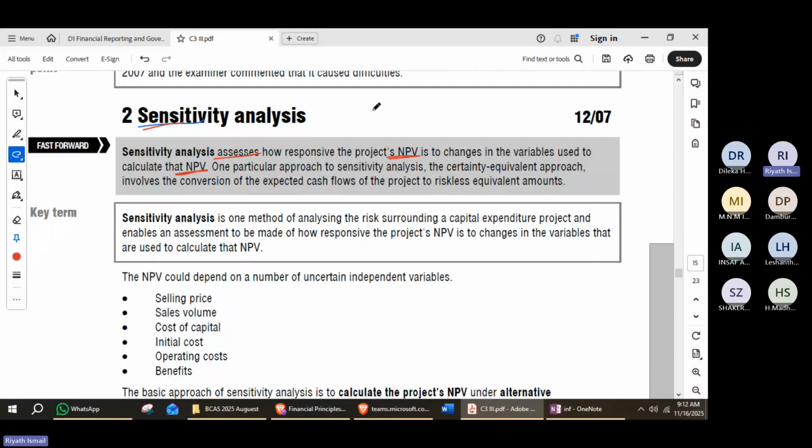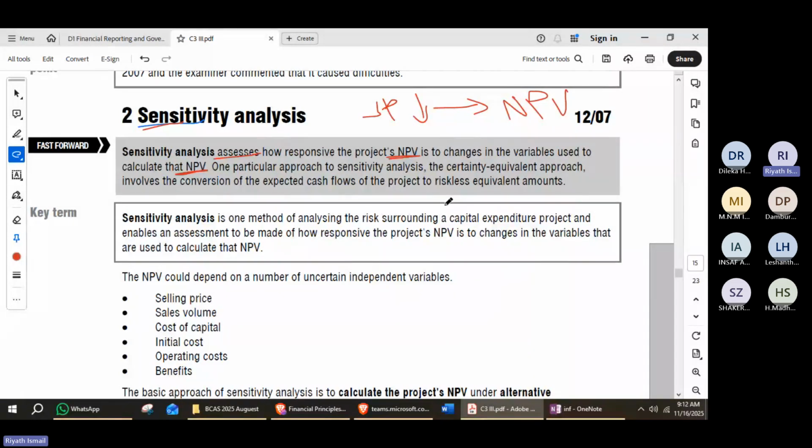For example, for selling price, if selling price goes down, what will happen to the NPV? One particular approach to sensitivity analysis, the certainty equivalent approach, involves the conversion of the expected cash flows of the project to a riskless investment amount.